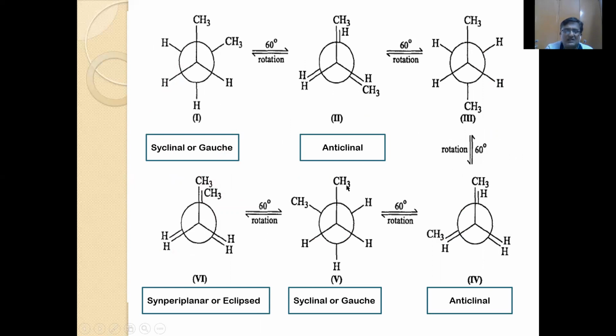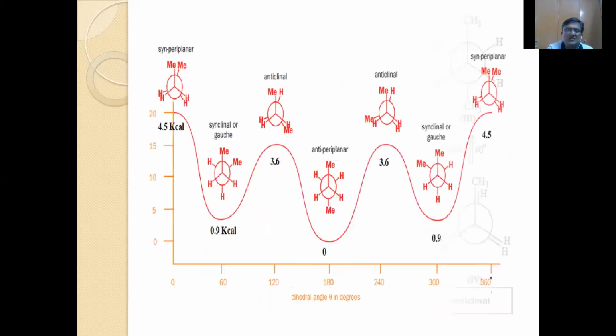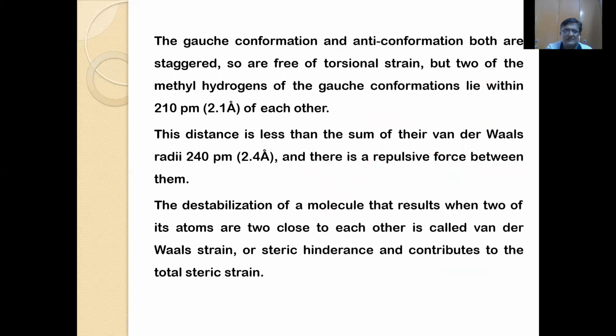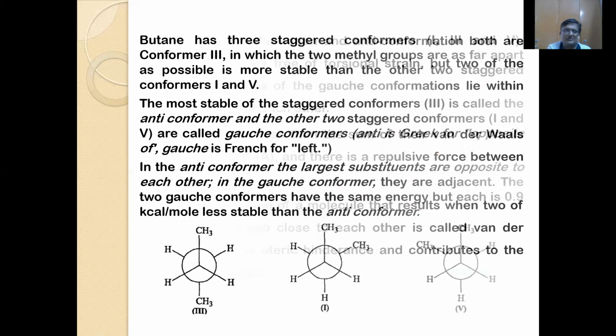This distance is around 2.4 angstrom units. The destabilization of a molecule that results when two of its atoms are very close to each other is van der Waals strain, or steric hindrance, which contributes to the total steric strain. The larger the steric strain, the less stable the molecule.